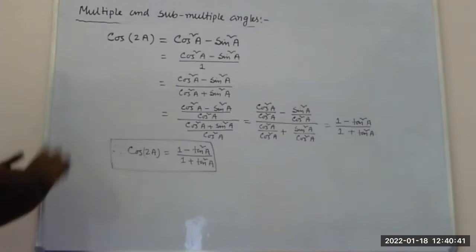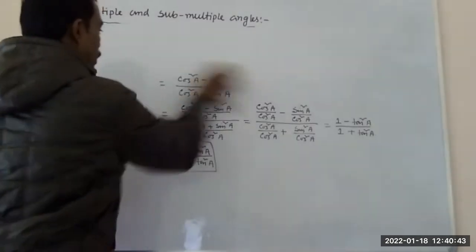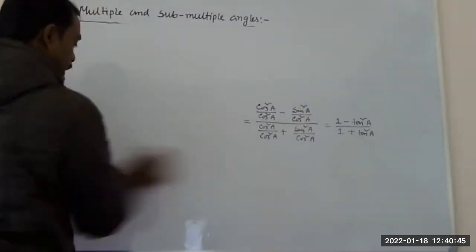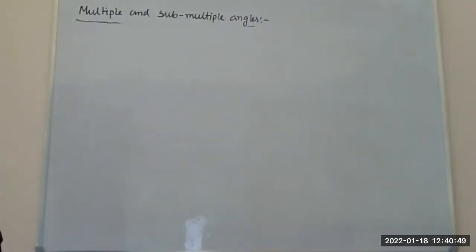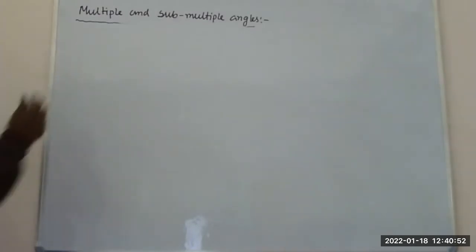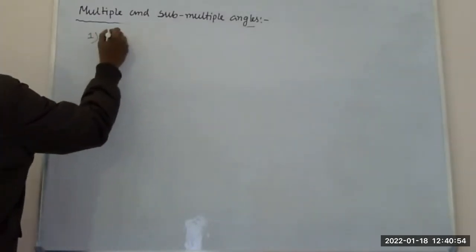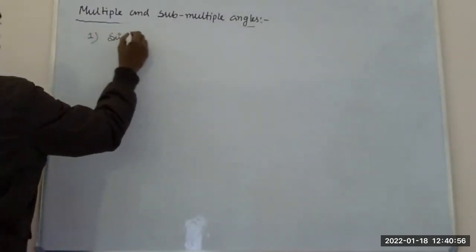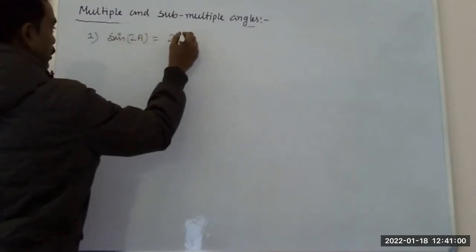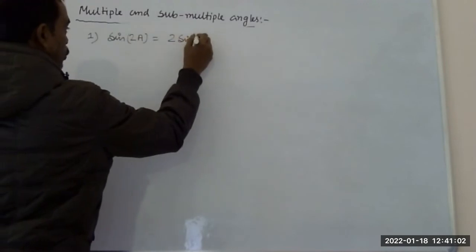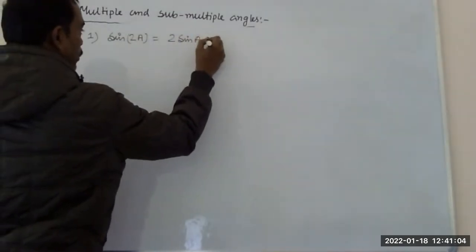Now, at a glance, if we write down the formulas of 2a for sine, cos, and tan: number one, the formula of sine 2a can be written as 2 sine a cos a.